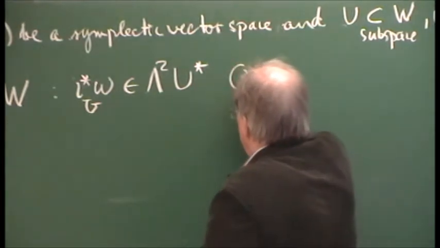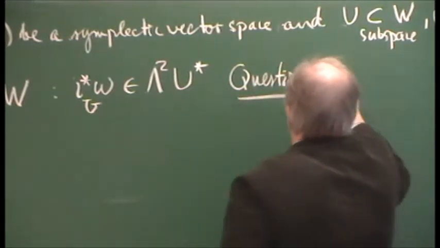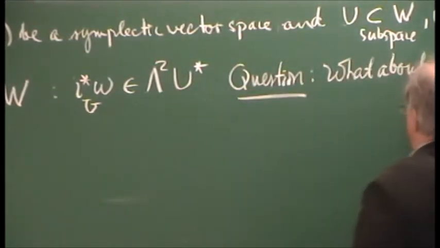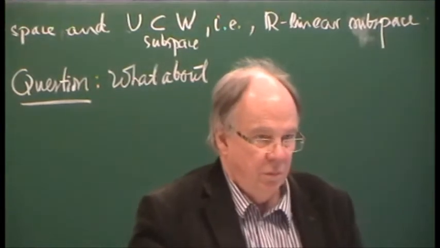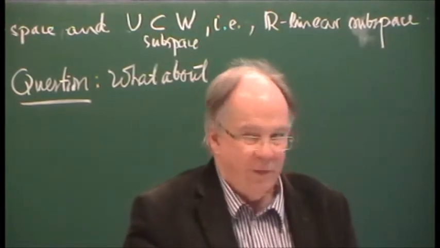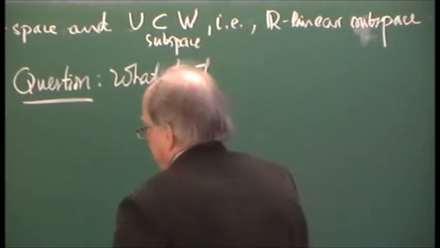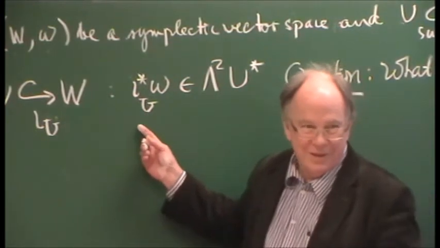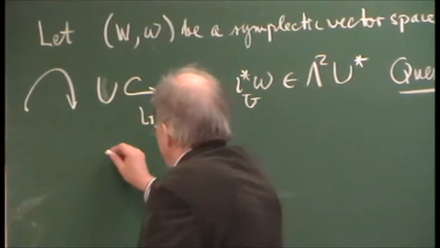So the first question you ask is, what about... Professor, when you define the pullback, you use the push forward. And here, the push forward is the same as the map, no? Yeah, that's right, because it's linear. I know I'm being a bit pedantic here, but what you're really doing is you restrict the form.